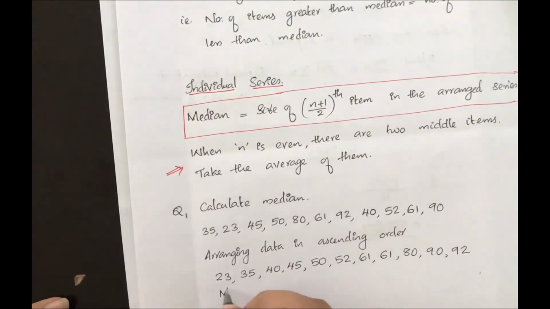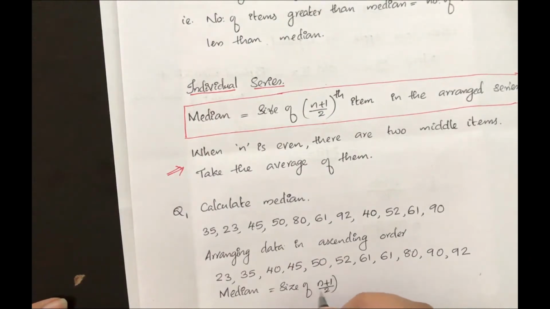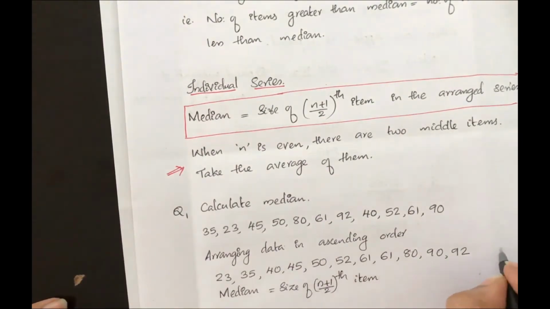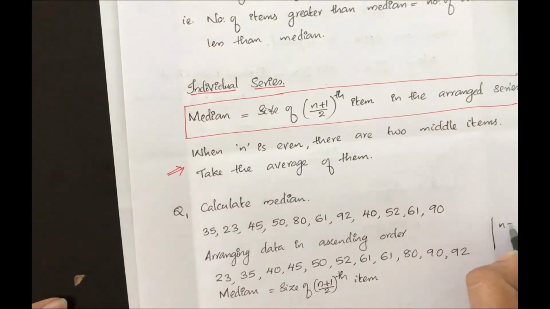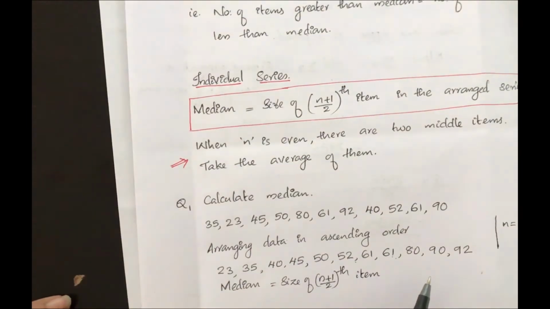So, median is equal to the size of (n plus 1) by 2th item. Here n is equal to 11.